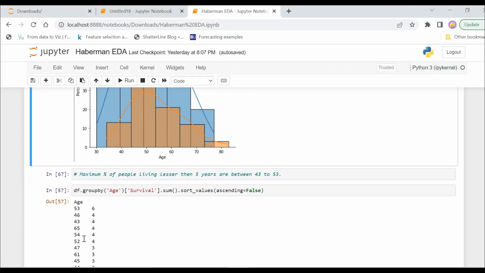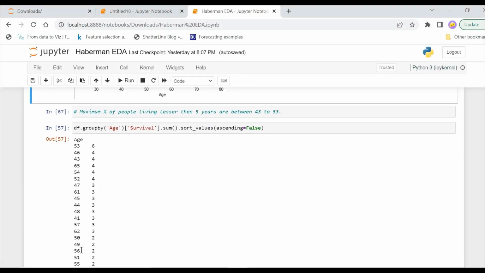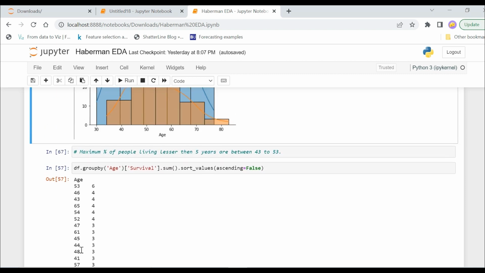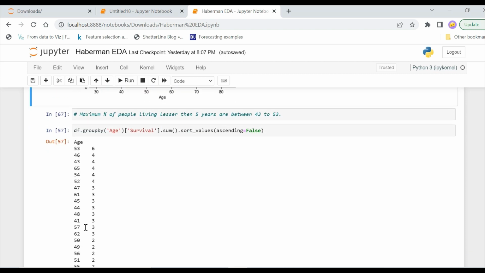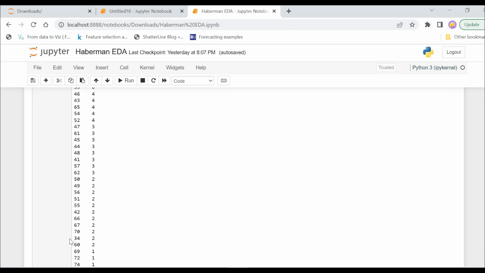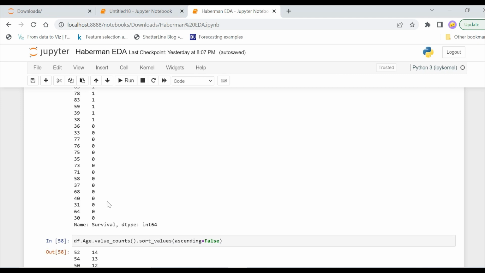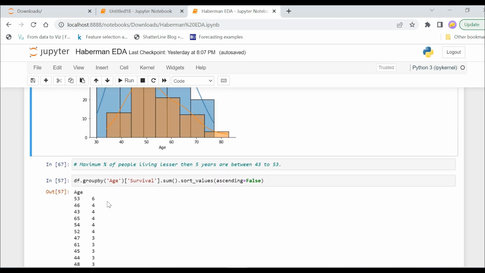But here you can see how many people have actually got 43 in the 30s. 34 is here, 34 is here, so I cannot take the range of 34 here. So I can say that this is between 30 to 33.